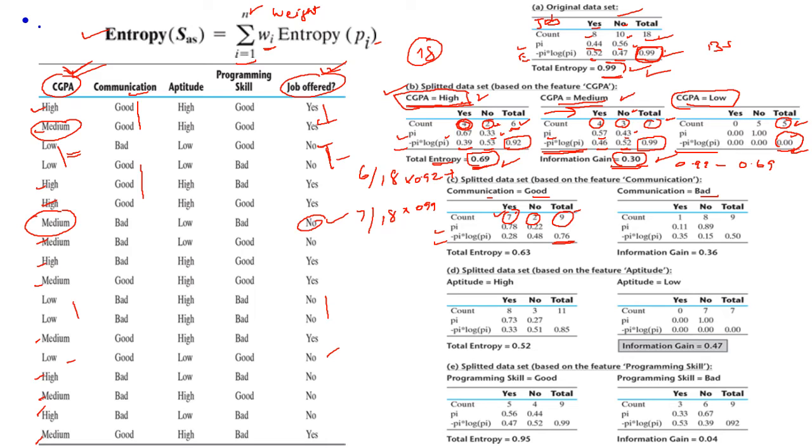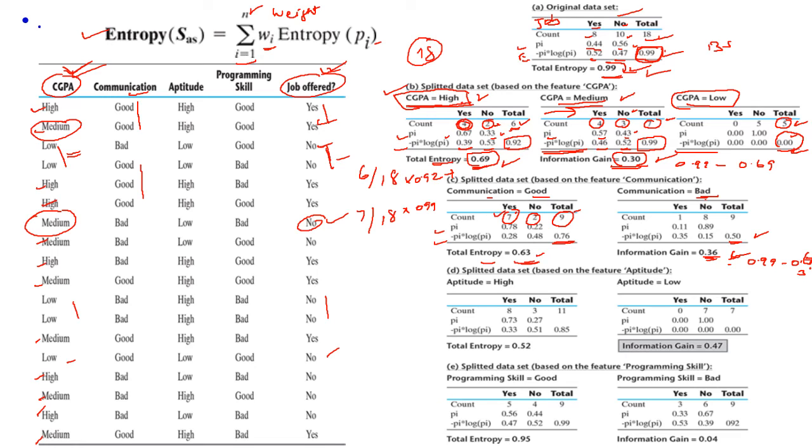The pi log pi for communication good is 0.76, and for communication bad it is 0.50. With this we compute the entropy of communication, which is 0.63, and the information gain is 0.99 minus 0.63, which is equal to 0.36.